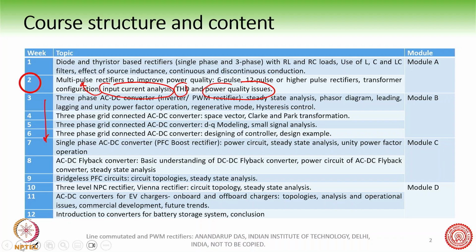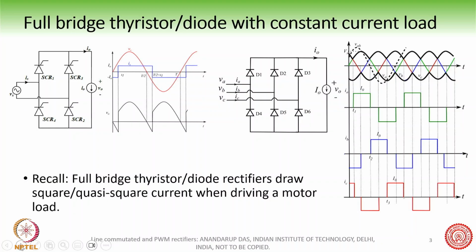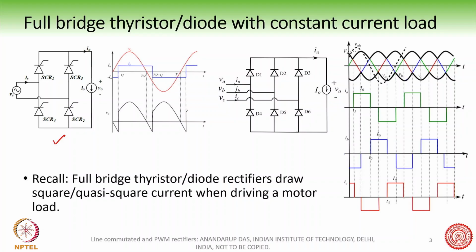Let us quickly recall from week 1 that we studied the diode bridge rectifier and the thyristor bridge rectifier, and two representative figures have been shown here. On the left you can see the full bridge single phase thyristor rectifier. As I had mentioned several times, the source current waveform is a square wave.